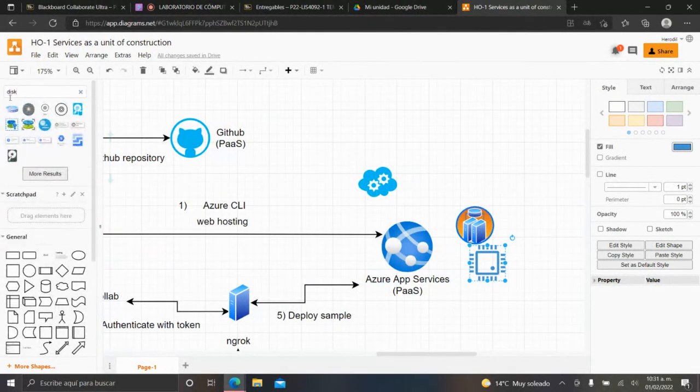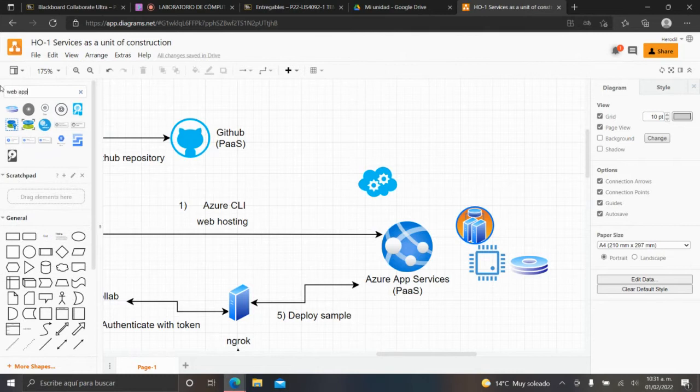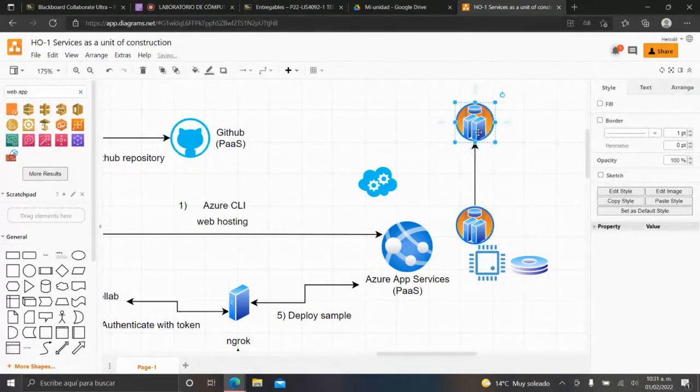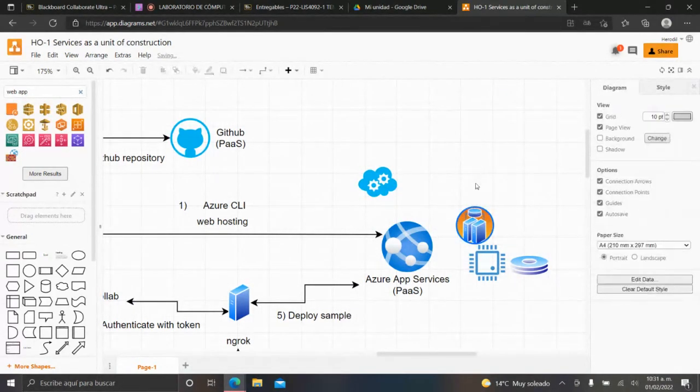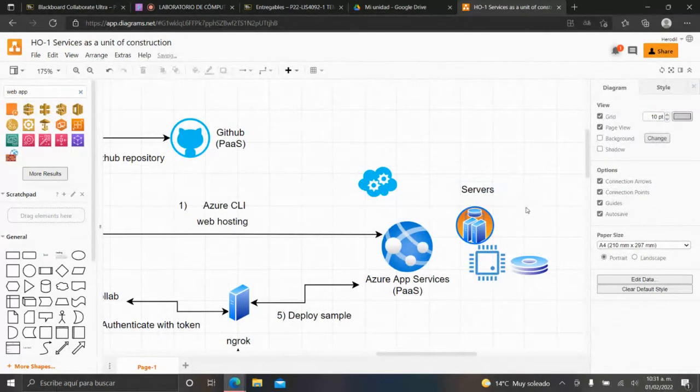There we could have a look at the CPU, etc. So we have the servers, and then we also have the web app, right? In the browser. Everything is inside this little world, which is Azure Apps.